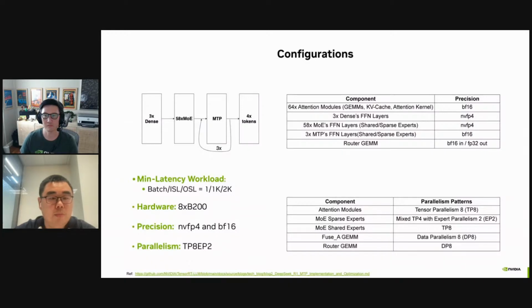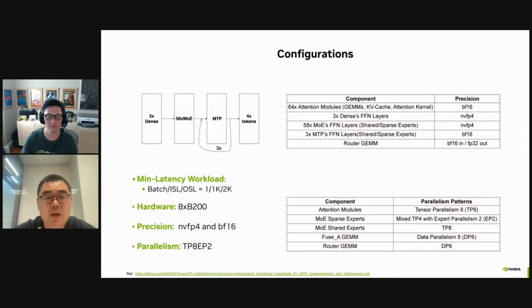We have explored a mixed precision of NVFP4 and BF16, and the details of this precision are listed in the first table. For example, for all attention modules, which consist of GEMM layers, KV cache, and attention kernel, we have introduced BF16 precision.